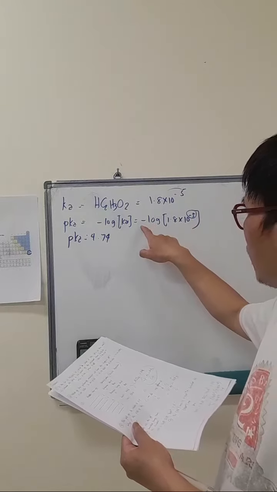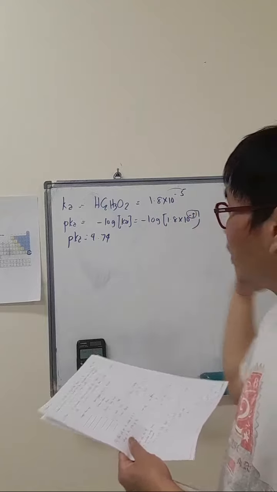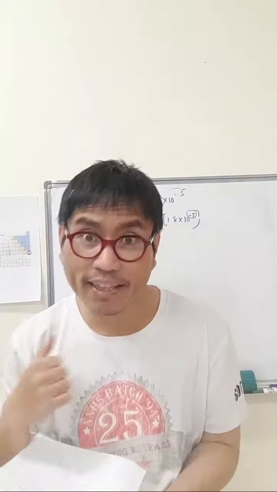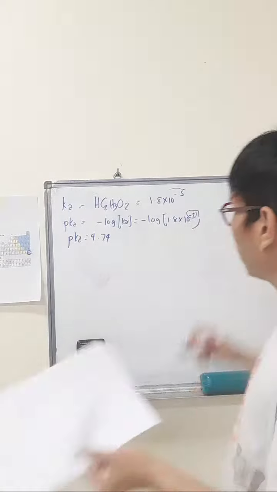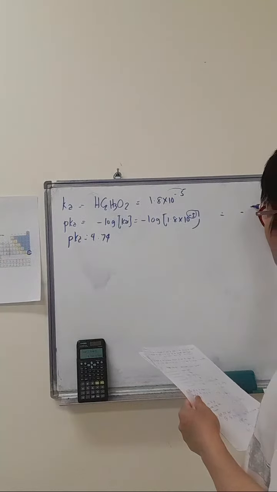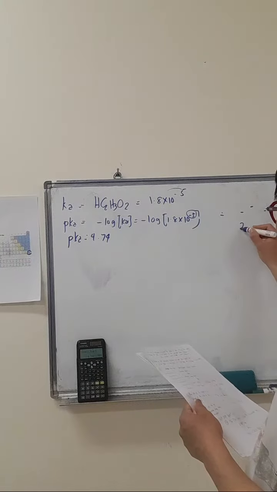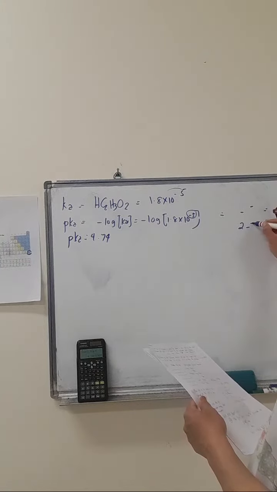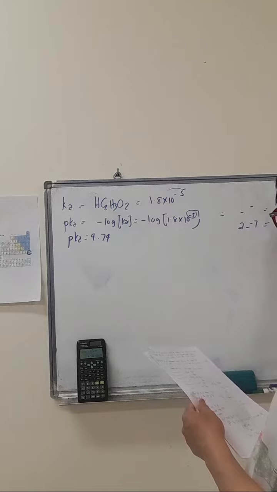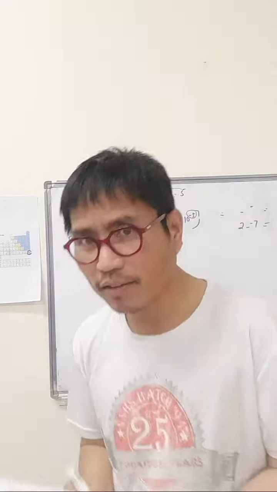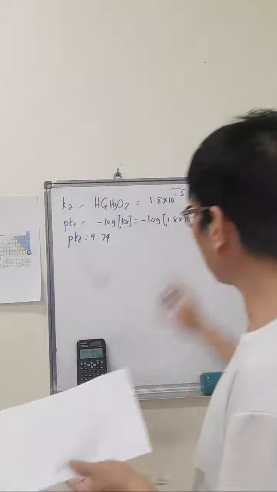Because in mathematics, negative, negative is positive. For example, 2 minus negative 7, your answer will be 9. Get the point?